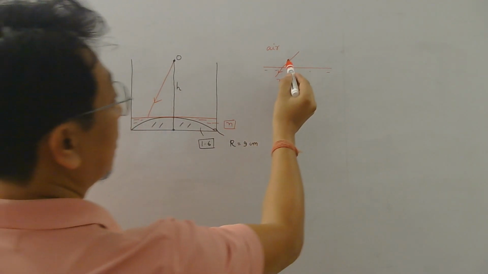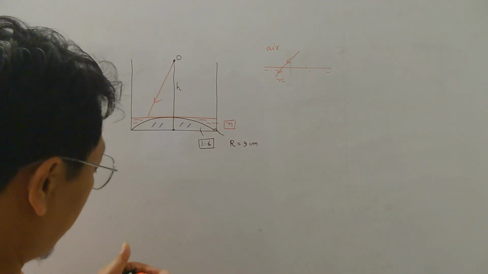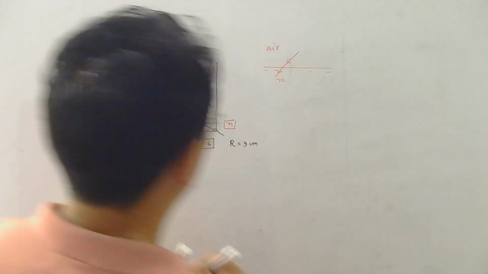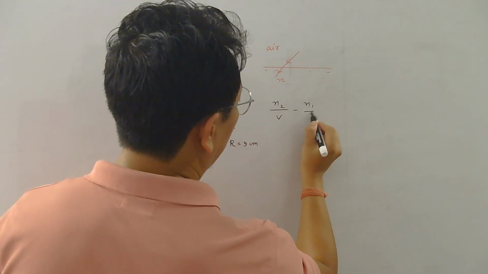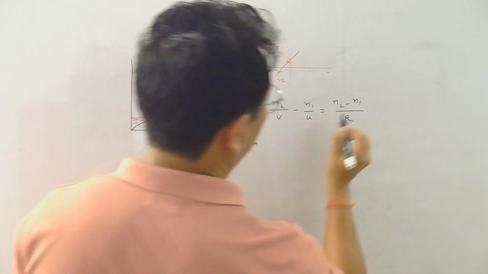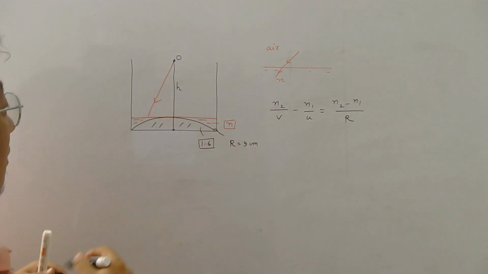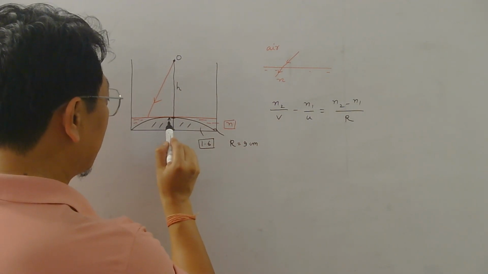This is the incident ray, this is the refracted ray. Now for the single surface formula, we have n2 by v minus n1 by u equals (n2 minus n1) by R, isn't it?